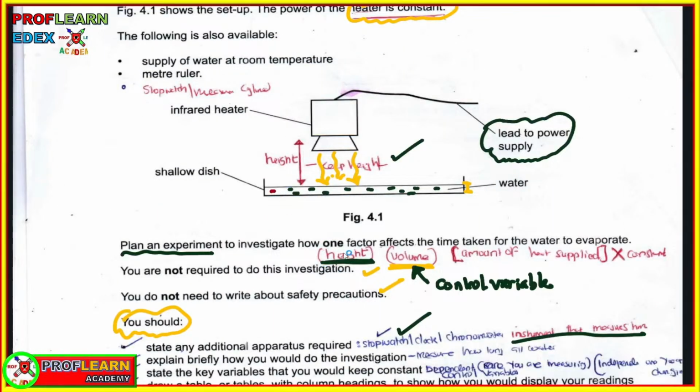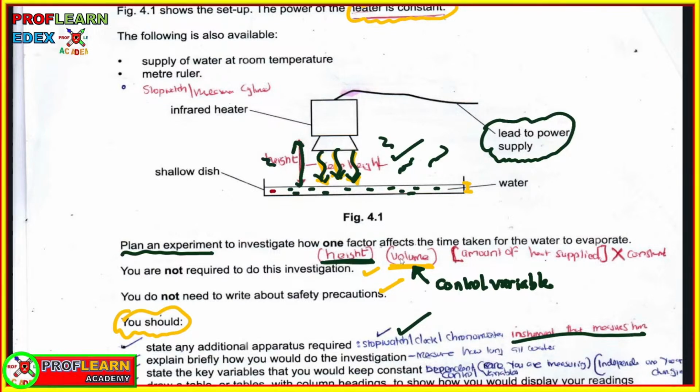Number one is the height of the heater, because if this heater is at a given height above this, the radiation reaching this depends on the height. So if it's close, more radiant heat is going to heat this water, and this water is going to evaporate to dryness.